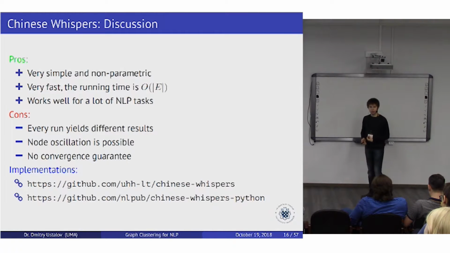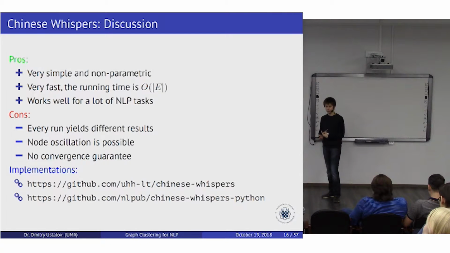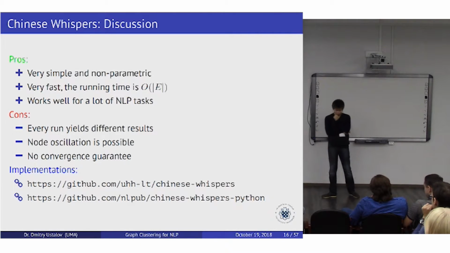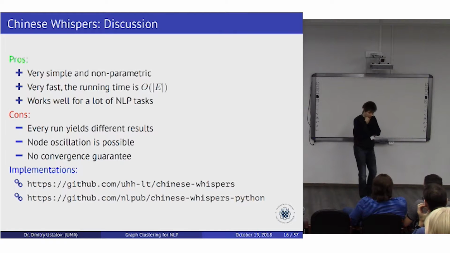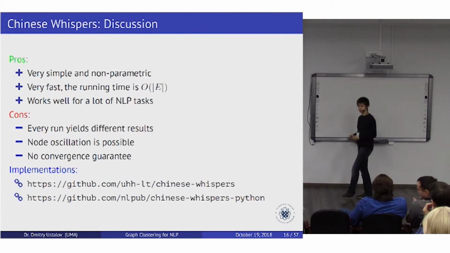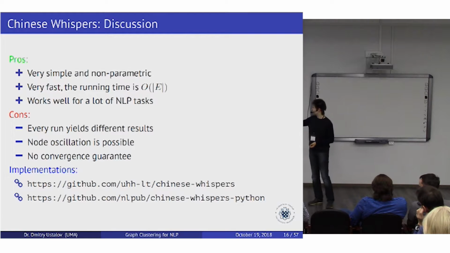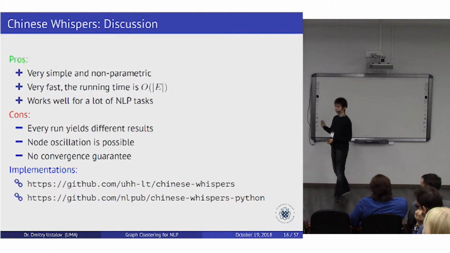You can actually overcome it by taking into account the counts, the frequencies of how often each node oscillated. But it's a crutch, it's a heuristic, and the general form of the algorithm doesn't presume this assumption. So oscillation is the thing you have to deal with. Generally, you have two ways. The first is a frequency threshold.